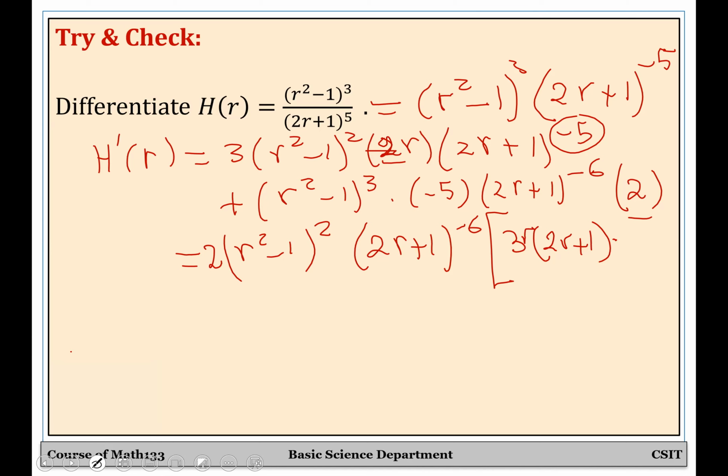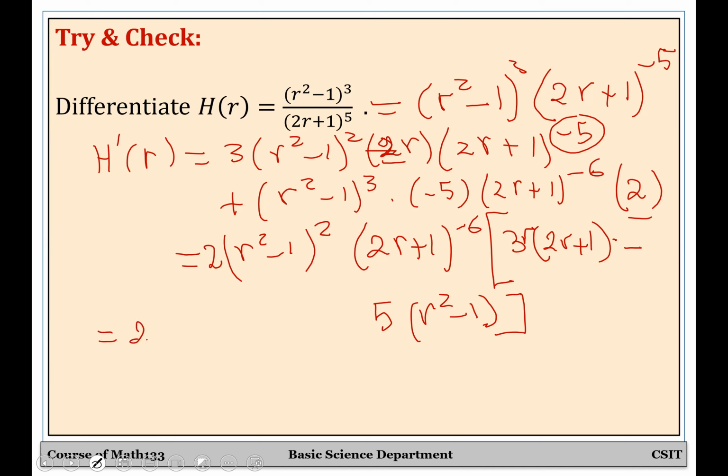Since we have minus 5, so it's minus 5 times (r squared minus 1). That's it, because we took (2r plus 1) power minus 6, sorry. So I need just to compute between the brackets.